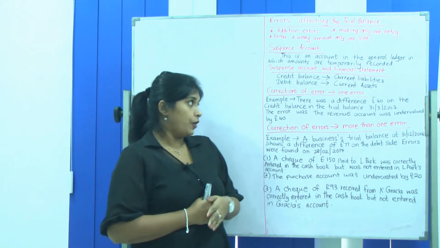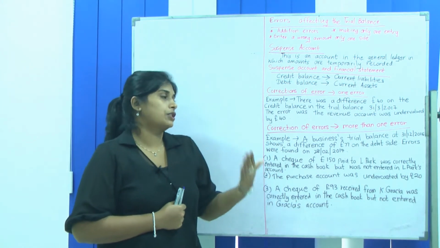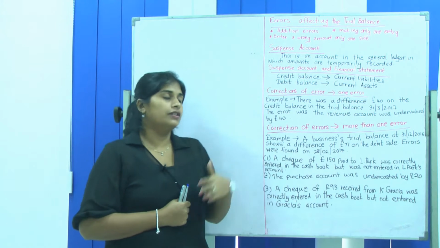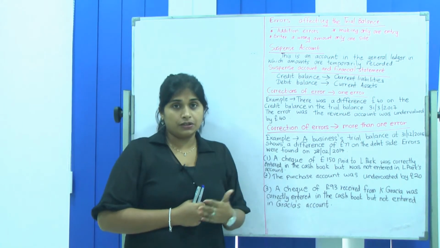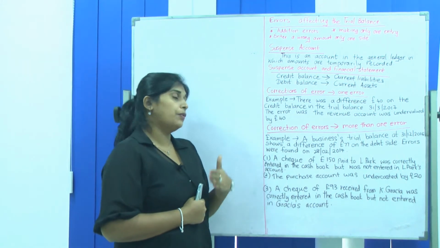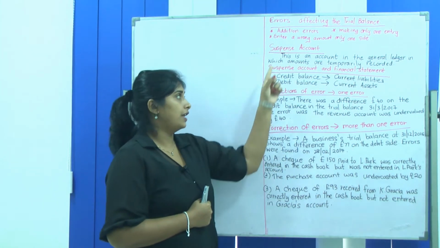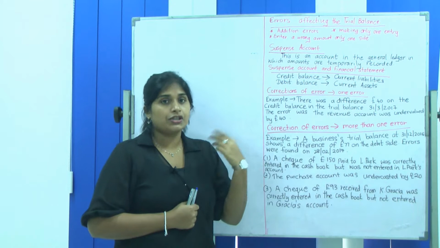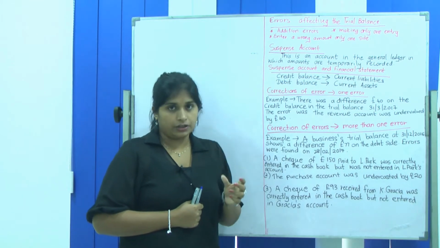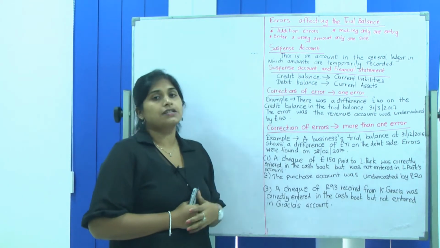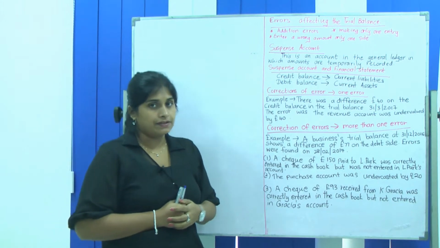After they have searched for a few days or a few hours, if they couldn't find the errors, then to agree the debit side with the credit side, they will put the amount of the shortage in a special account called the suspense account.